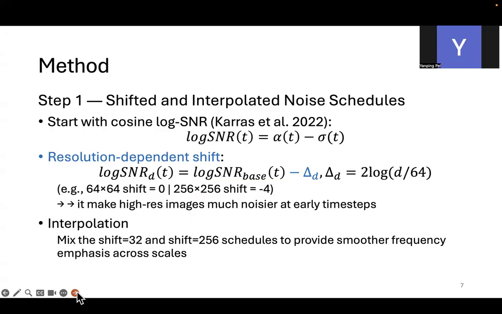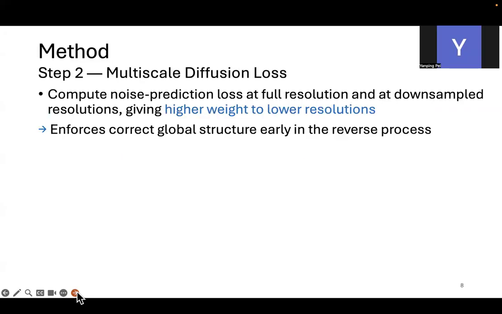As for the interpolation, it just blends the shift equals 32 and shift equals 256 schedules to provide smoother frequency emphasis across scales. Step 2. Multi-scale diffusion loss. Compute noise prediction loss at full resolution and at downsampled resolutions, giving high weight to lower resolutions. It enforces correct global structure early in the reverse process.